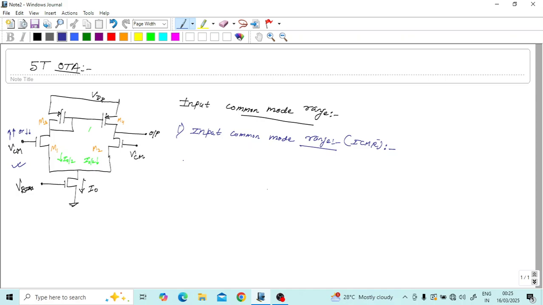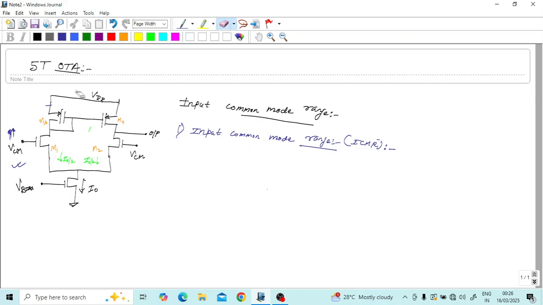Suppose I am increasing the voltage here. Sorry, we are looking for ICMR minus, so we have to decrease the input voltage.